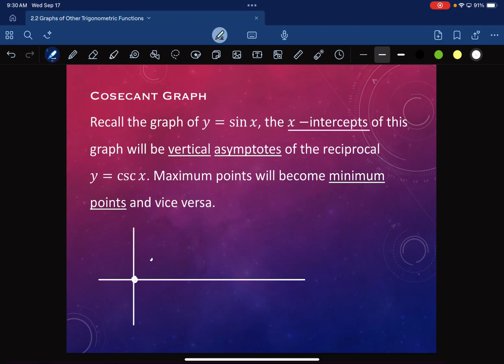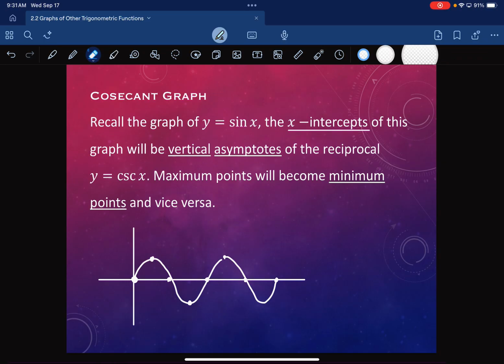And it goes up, down, down, up, up, down, down, up. Again, eyeballing it. And I'm going to sketch that in for the sine graph. Okay, that look okay? I mean, ish.